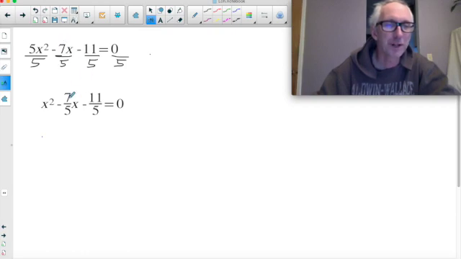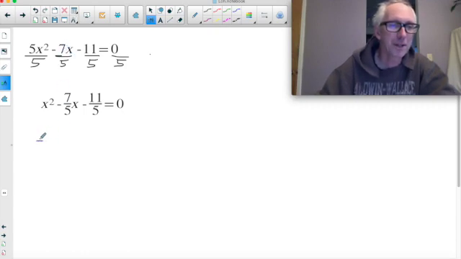It really doesn't matter. I'm going to use the original equation. So opposite of b will be plus 7 over 2 times a, so it'll be 2 times 5. All right, so our axis of symmetry will be at x equals 7/10.